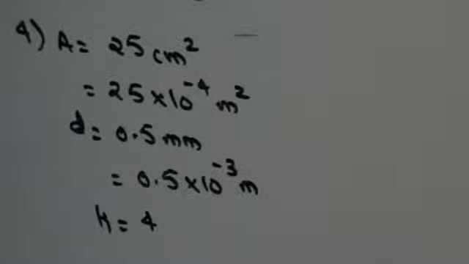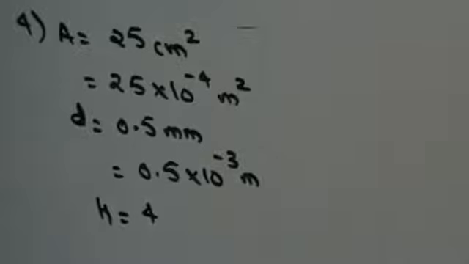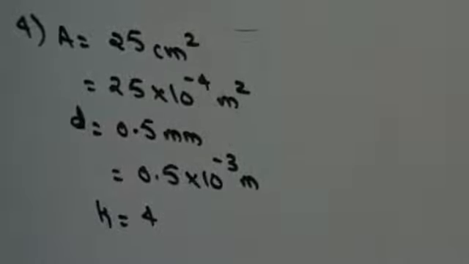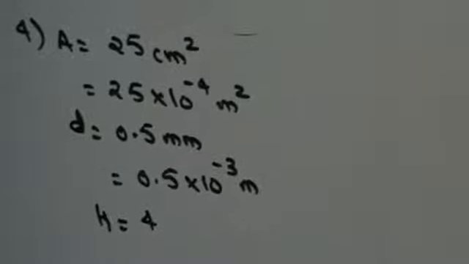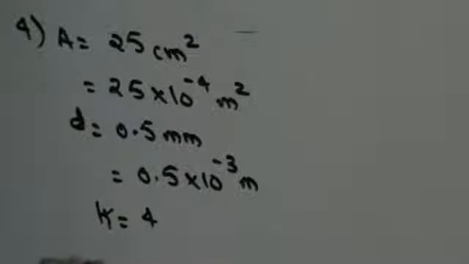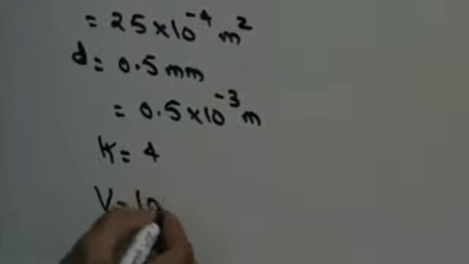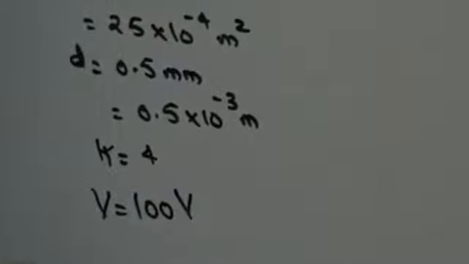Find the capacitance of the condenser. If a potential difference of 100 volts is applied to the plates of the condenser, find the electric intensity between the plates and the charge on each plate.